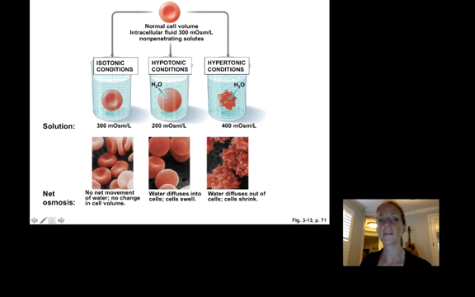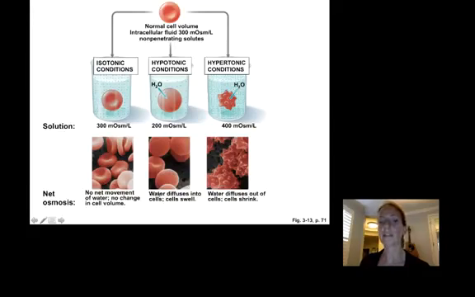Here are some typical examples with red blood cells. If you take a solution and you place a cell inside, different osmolarity solutions. This is what you get. For a red blood cell sitting in isotonic solution, the cell will stay healthy and have its normal biconcave shape.